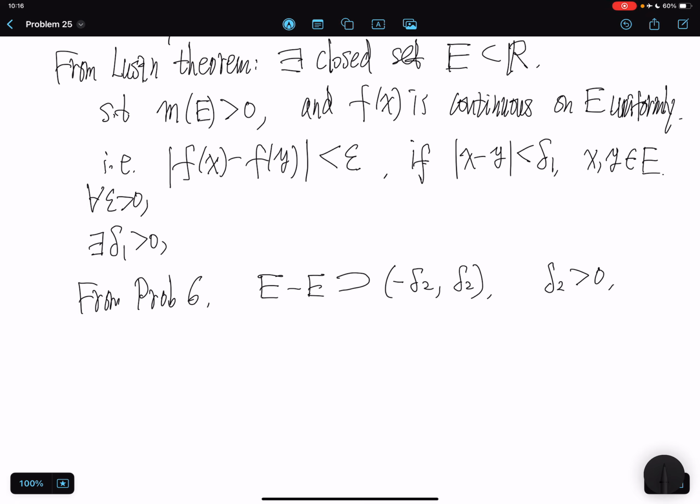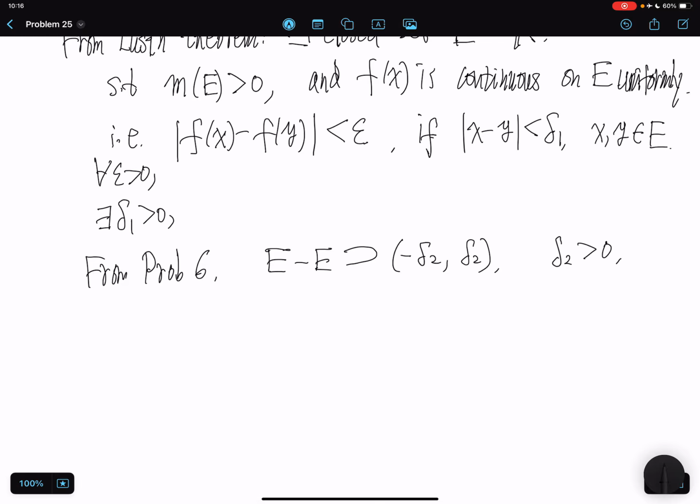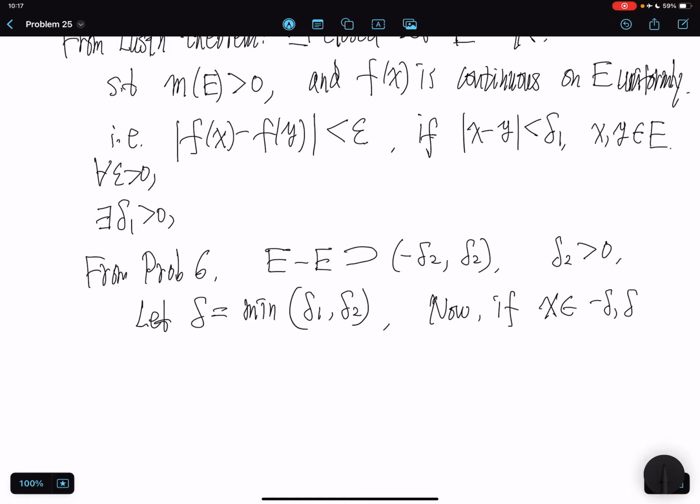Now for all epsilon, let delta be the minimum of delta 1 and delta 2. Now if x is in this interval, minus delta to delta, right?